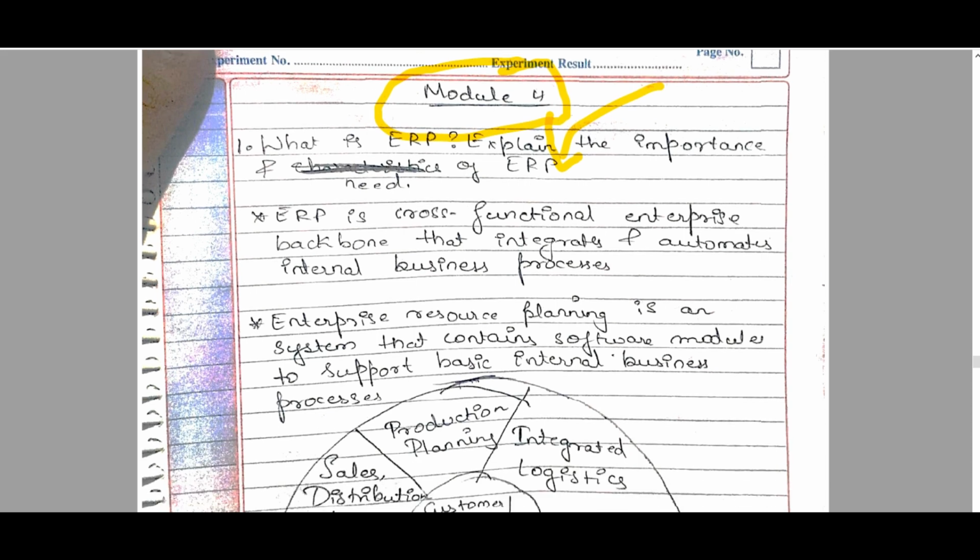So what is ERP? ERP is a cross-functional enterprise backbone that integrates and automates internal business processes. So it is a system that integrates and automates all the internal business processes. It is a cross-functional enterprise system, which is also the backbone of an enterprise.